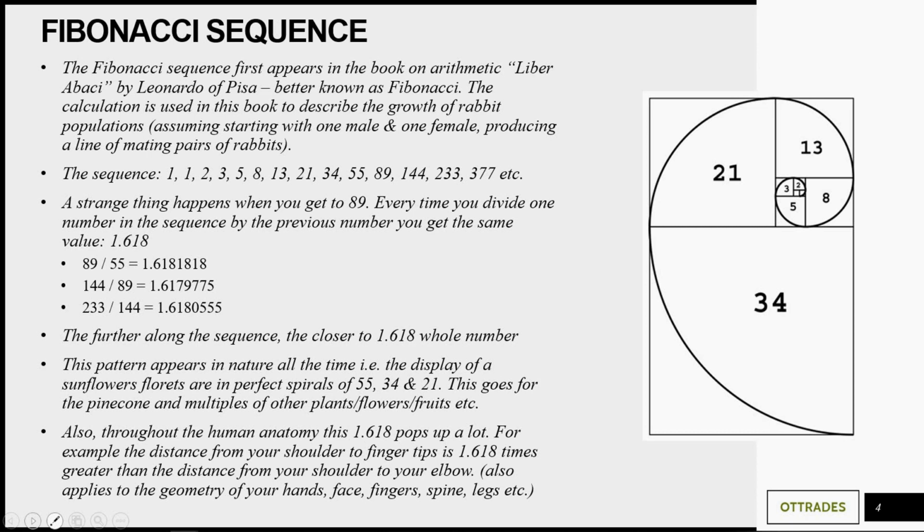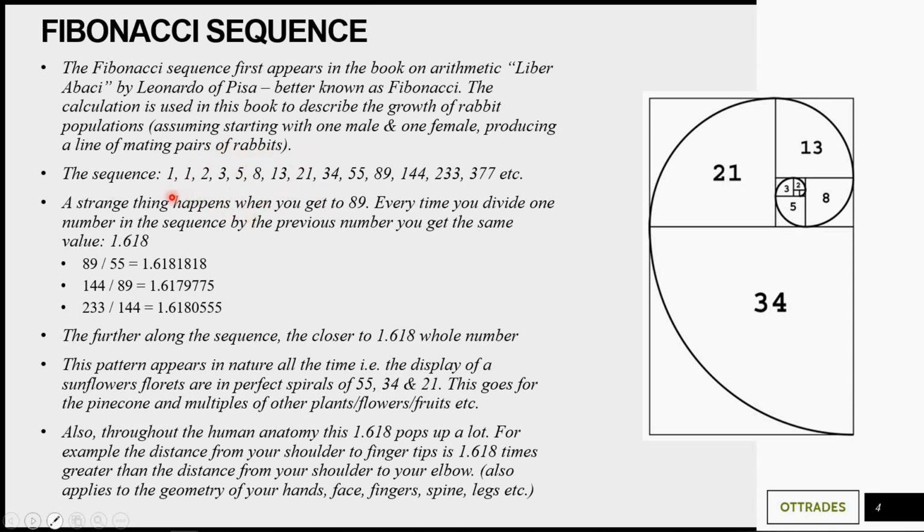So the male and female will produce another male and female, who will produce another male and female, and so forth. So you start with one male, one female, and you produce two more rabbits, and then you've got two more rabbits, produce 3, and then 5, and then 8, and 13, and so on and so forth.